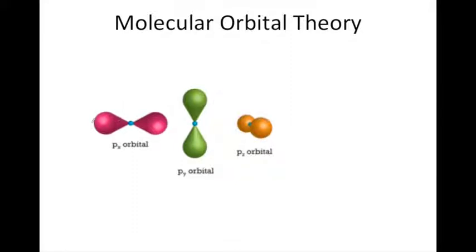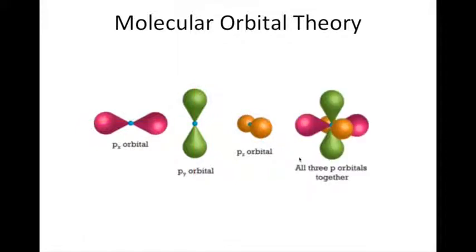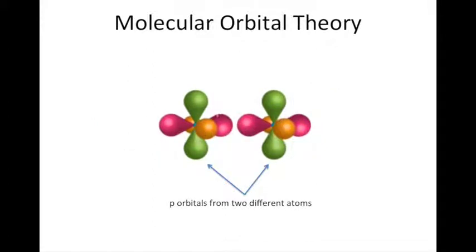We know that for a set of p orbitals, we have one along the x, y, and z axes. And so if we look at them all together, it would look something like this. If we had two atoms that were combining, here we see the p orbitals from one atom and from another atom. The p orbitals can combine in a head-on manner. So these two that are along the same axis, the x-axis, can combine in phase and out of phase head-on.